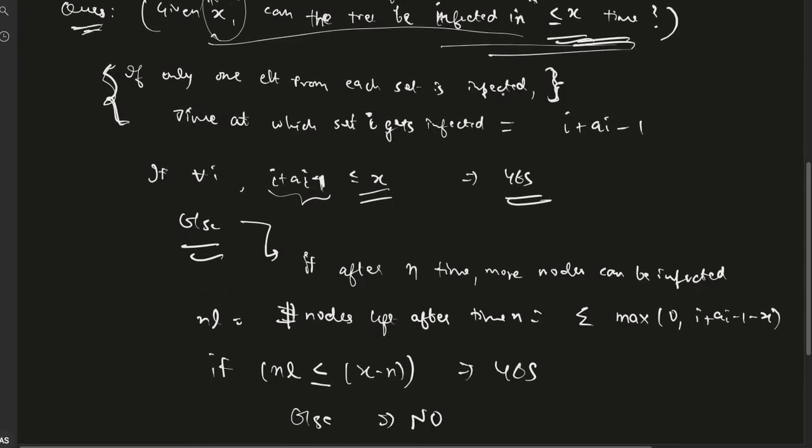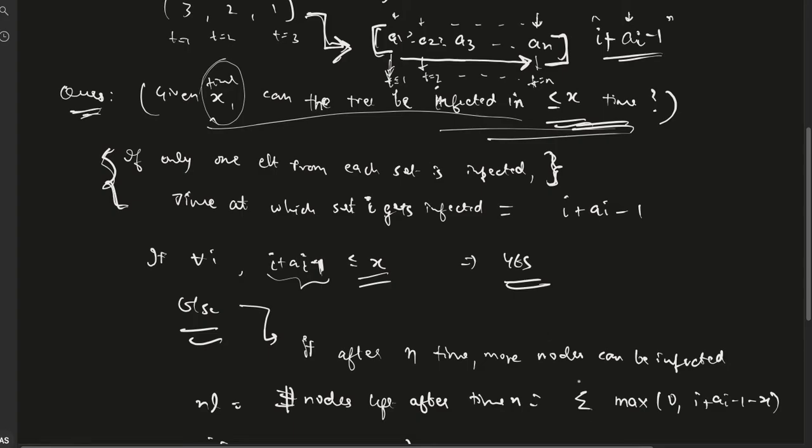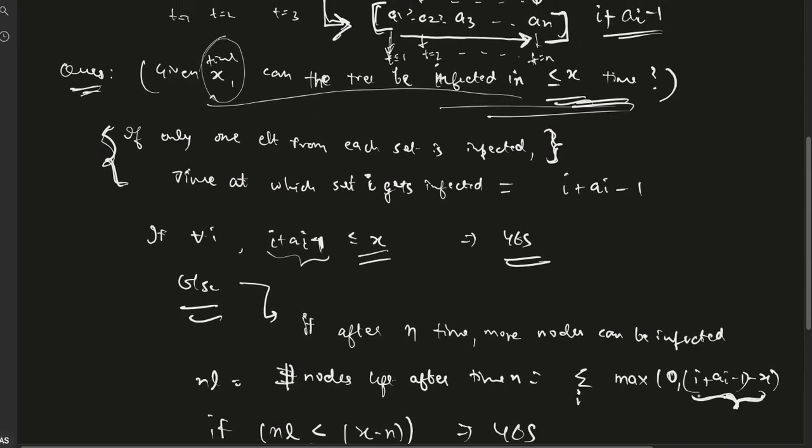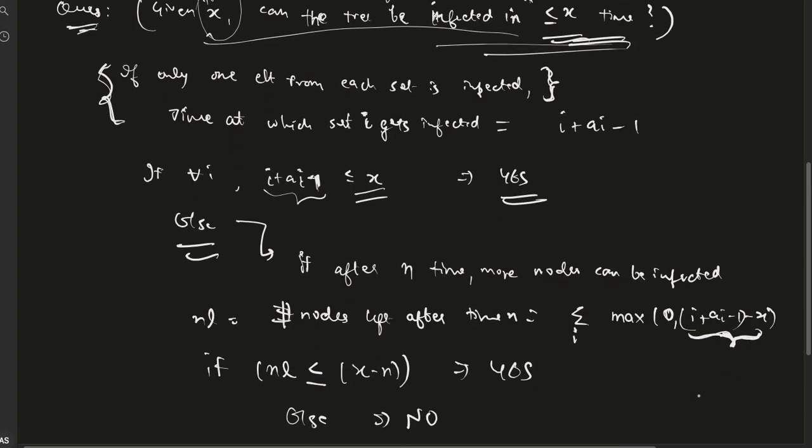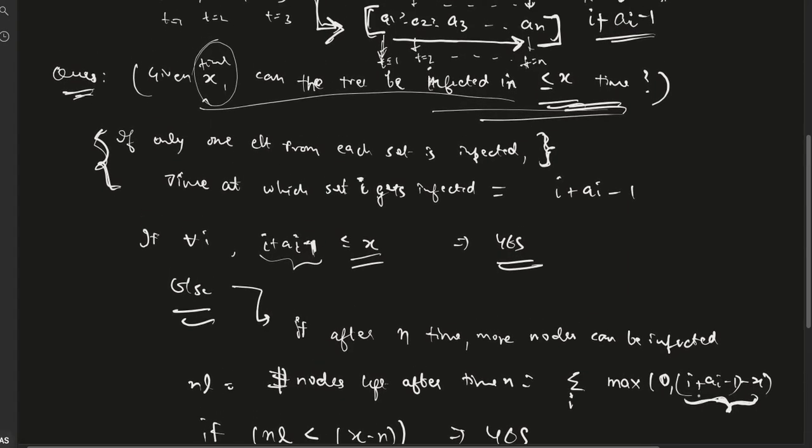So at time t = n, the number of nodes left is a summation over all i of this quantity: the maximum of 0 and the number of nodes left in set i, given time x.